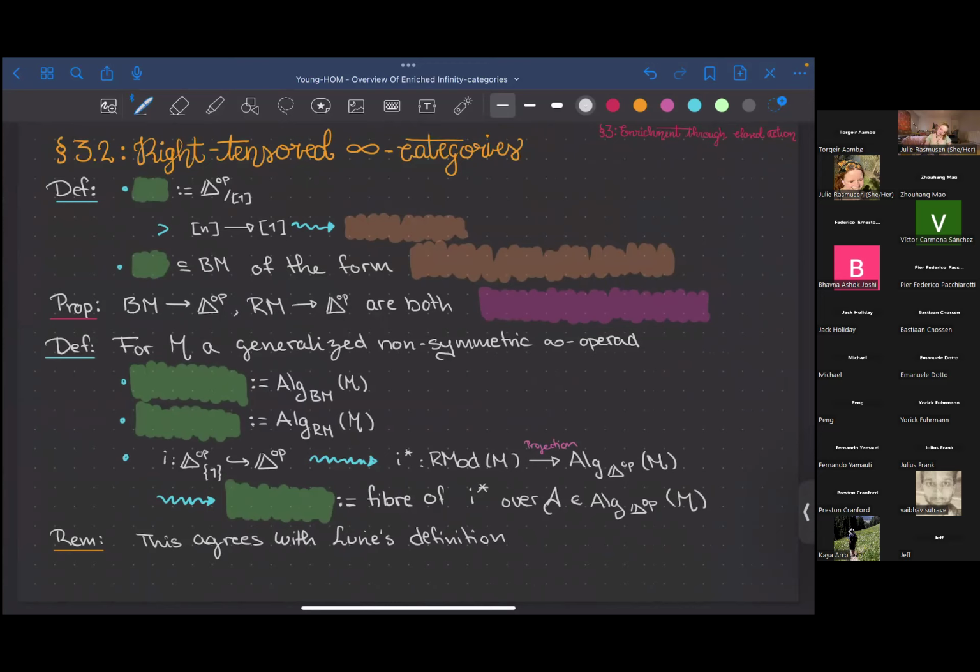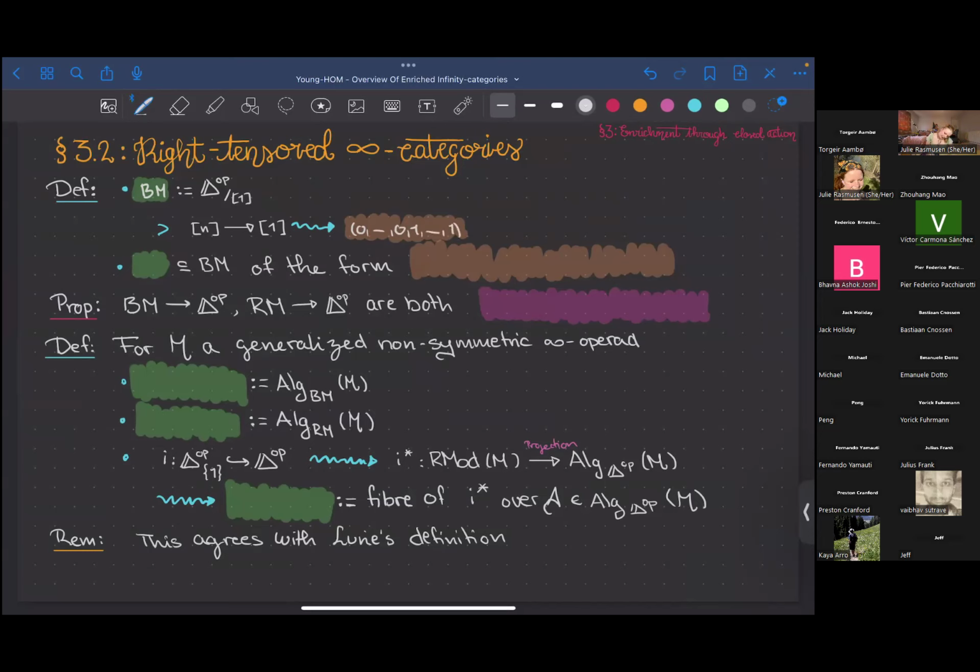Okay, so we start with some definitions. So we denote by BM the category Δ^op sliced over 1, so morphisms from [n] into [1]. And we just note that objects in BM we can consider as a string of objects of the form 0, 0, 1, 1.